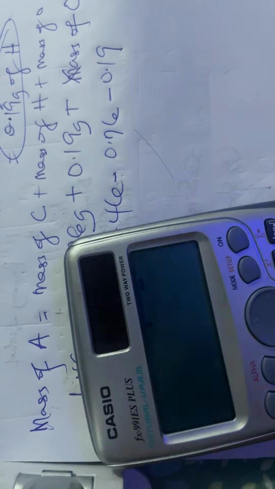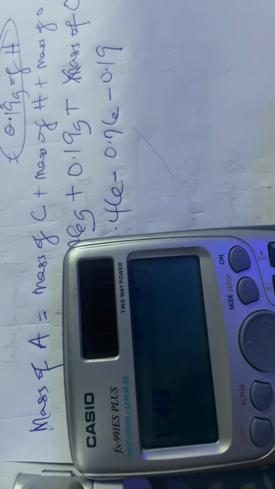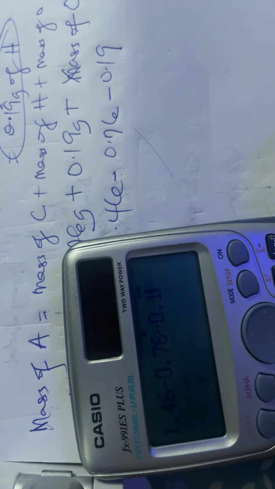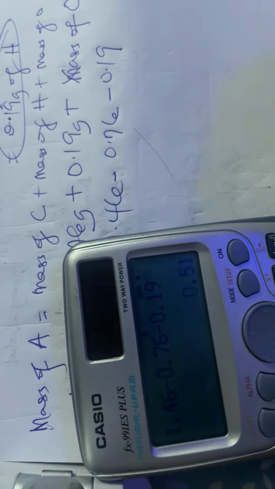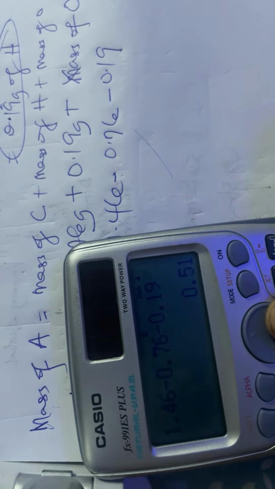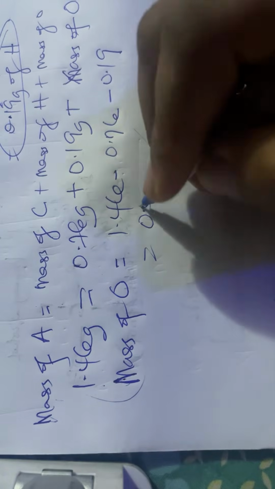Let me solve it again: 1.46 minus 0.76 minus 0.19. This will give us 0.51. So the mass of oxygen is 0.51 grams.